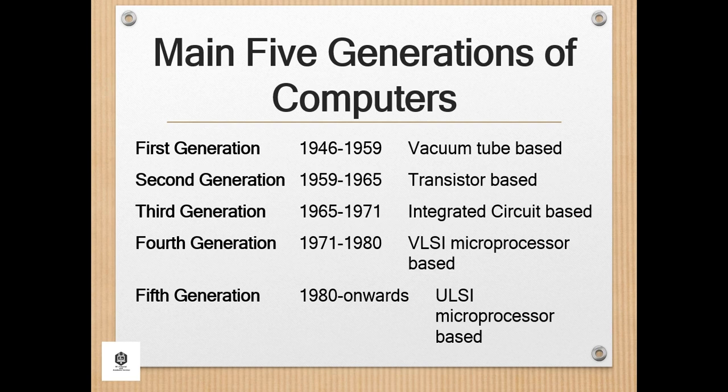The main 5 generations of computers are: first generation, the vacuum tube base; second generation, the transistor base; third generation, the integrated circuit base; fourth generation, the VLSI microprocessor base; and last, the fifth generation, the ULSI microprocessor base.